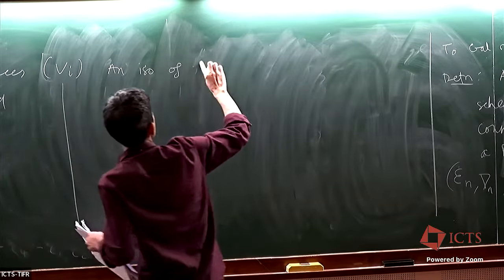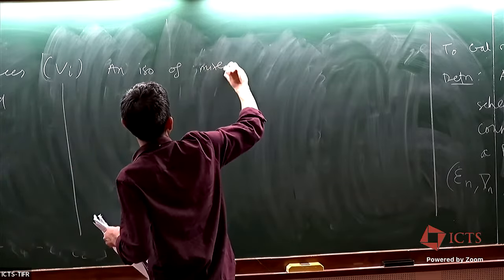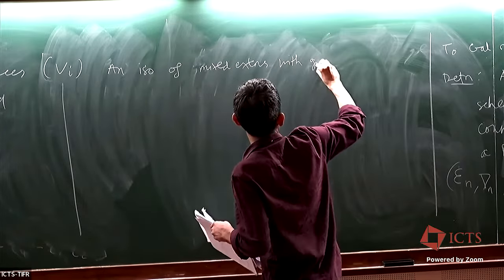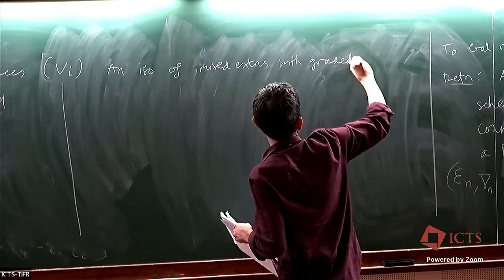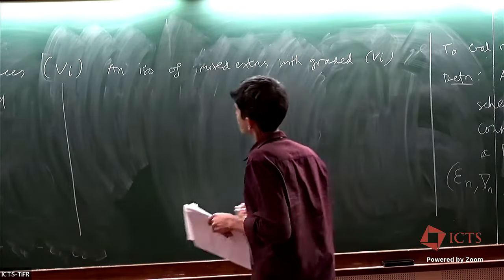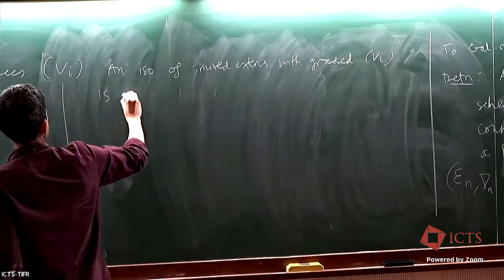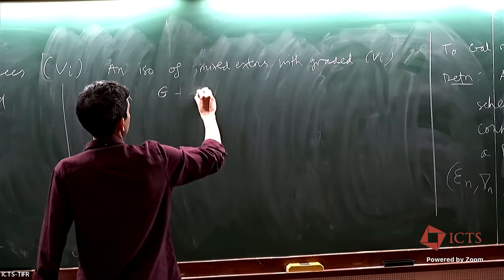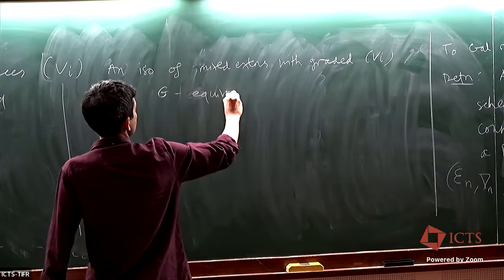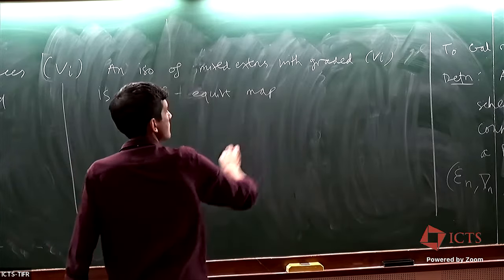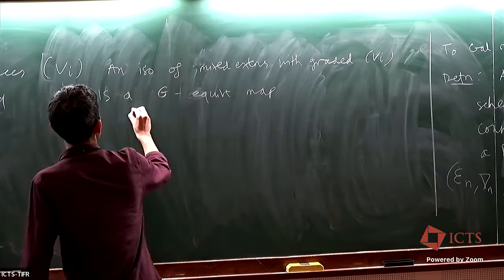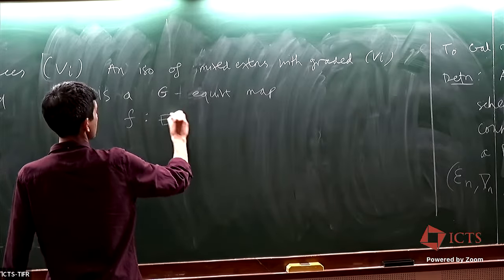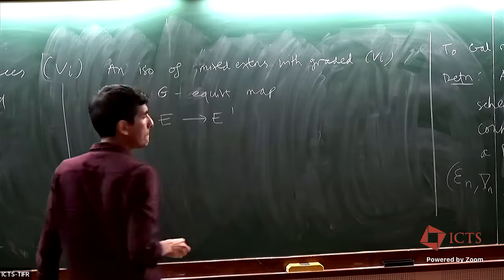So an isomorphism of mixed extensions with graded pieces V_i is a G-equivariant map, say F from E to E prime.